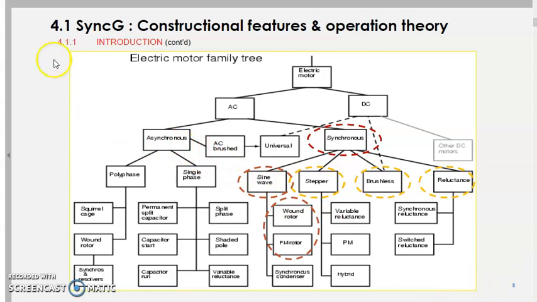So in terms of electric motors, we can divide them into two main categories, one from AC and another from DC.